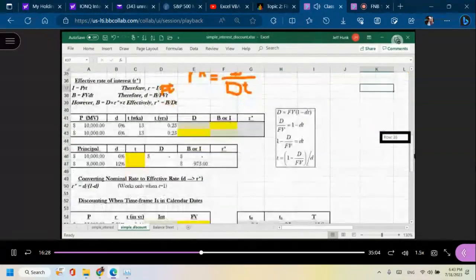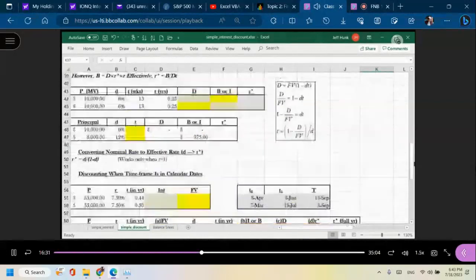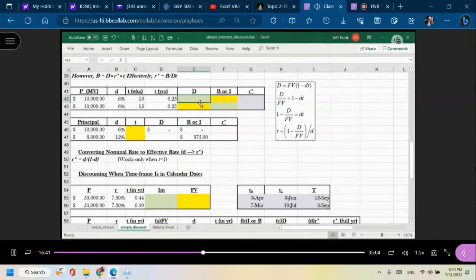Okay, so now let's go to the next. This is something you can do already very easily, right? So bank discount, and now time was given in weeks. So what do you see here? You will divide it by 52.